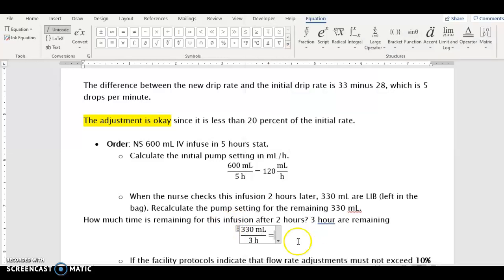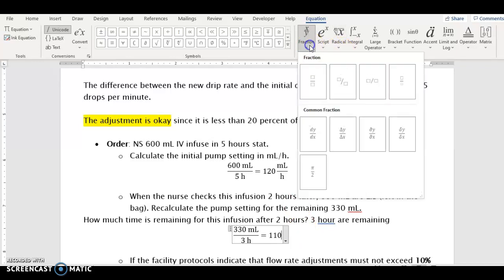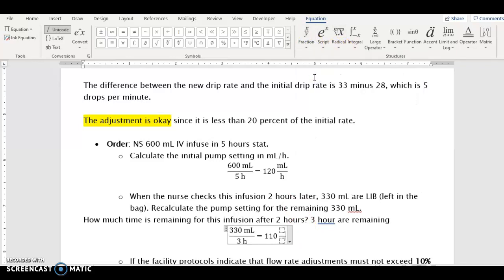So in order for the infusion to be completed within the time remaining, we must make an adjustment down to 110 milliliters per hour from 120 milliliters per hour. The initial rate was 120, so we're going to adjust it down to 110 milliliters per hour.